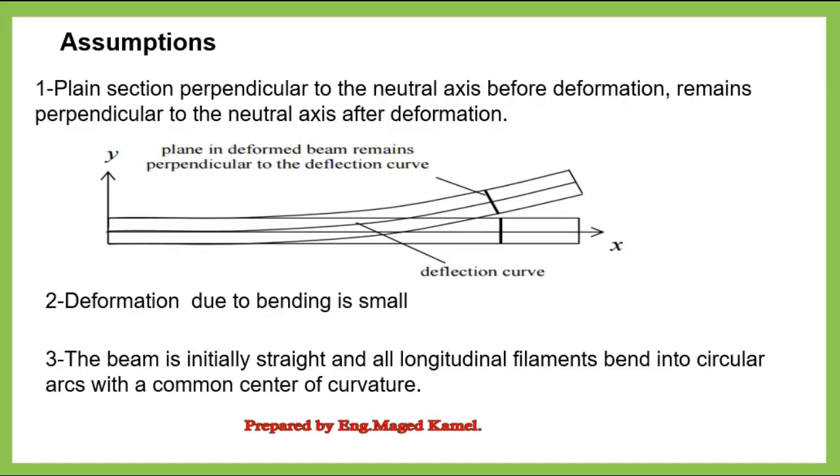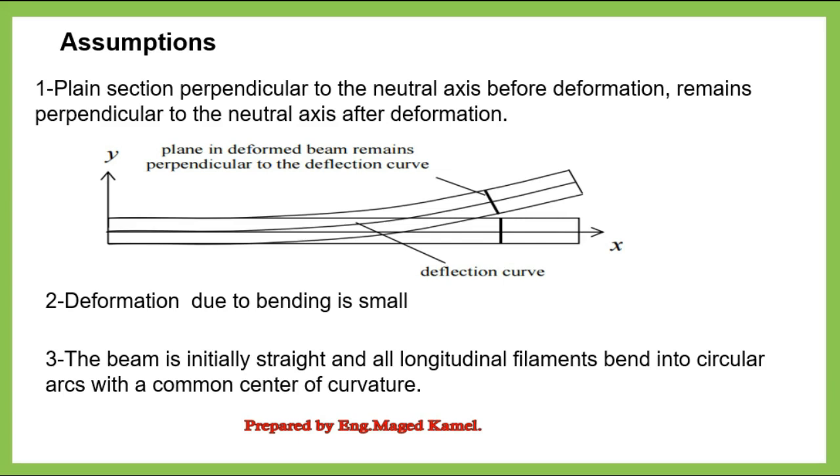First, we have some assumptions when a beam is acted upon by pure bending. It is going to be deformed, but first let us examine the beam before deformation. We have two axes, X and Y, and we consider the section of the beam as a rectangular section.